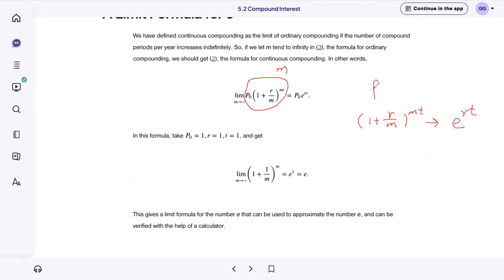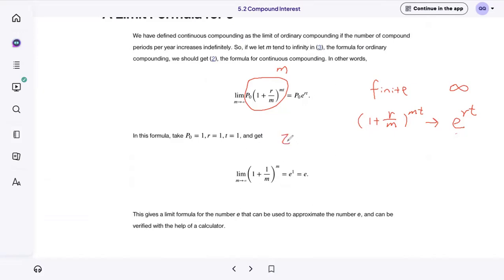So this is a finite world: compounding annually, quarterly, daily, all finite numbers. But this is compounding continuously, the infinite numbers.